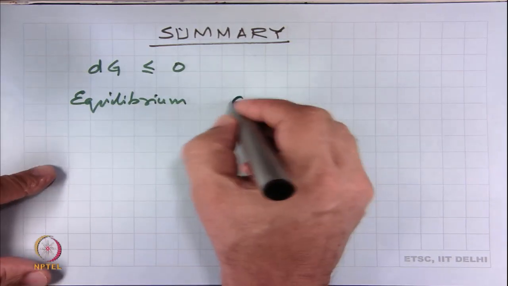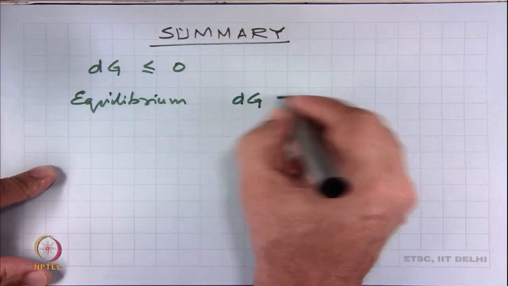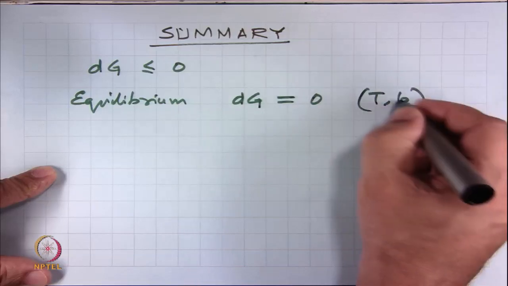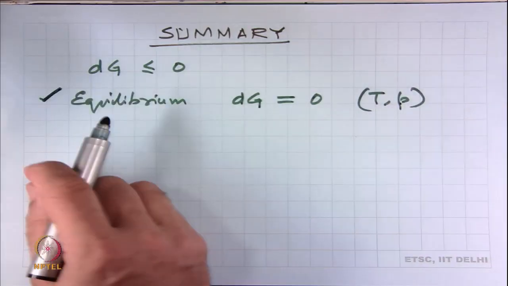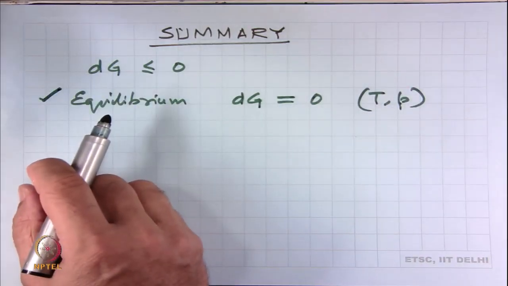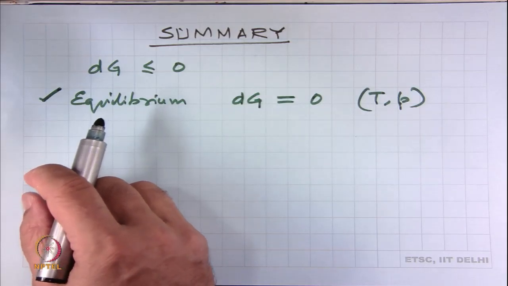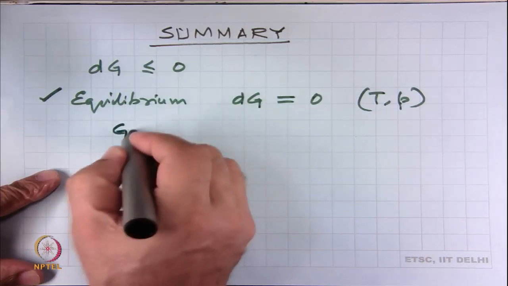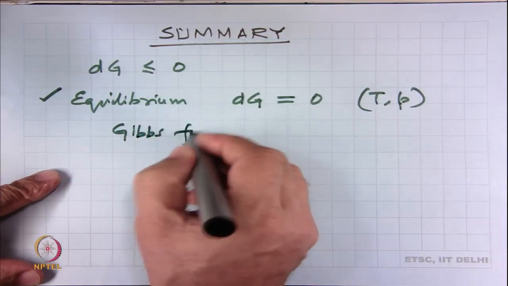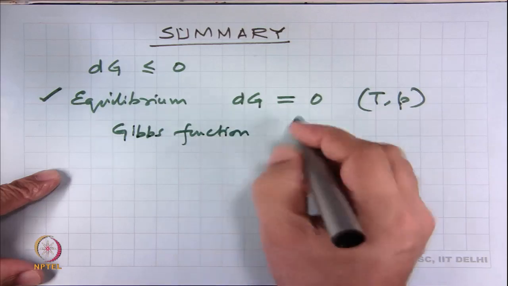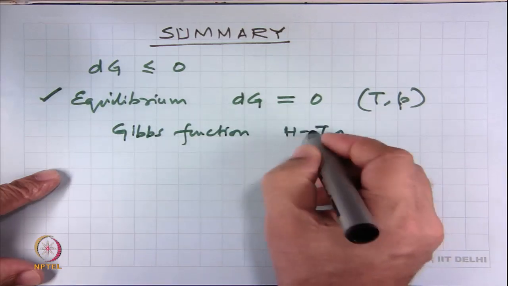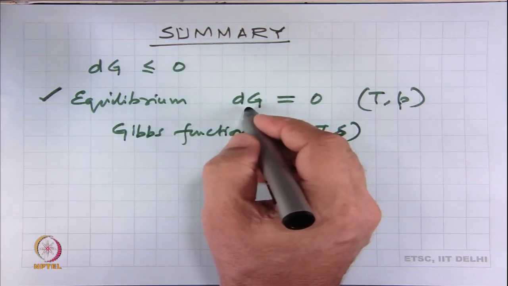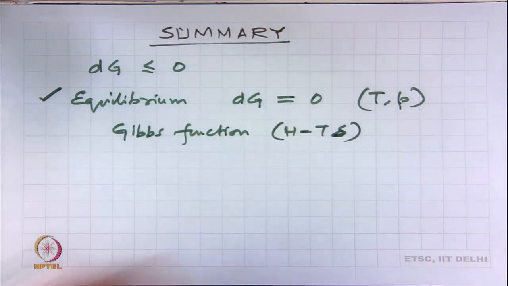In all cases, we are looking at dG equal to 0 for a given temperature and pressure. This is the condition that will ensure there is equilibrium. So, that is what we learnt was a new property, the Gibbs function, and not just H minus Ts, but its implication on the processes that bring about equilibrium.